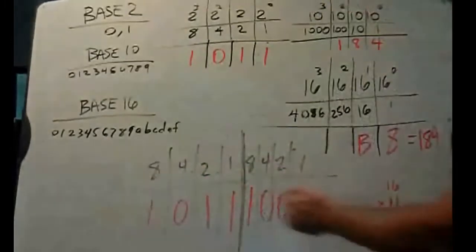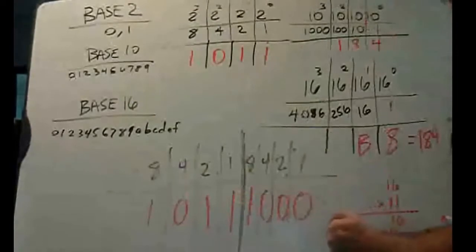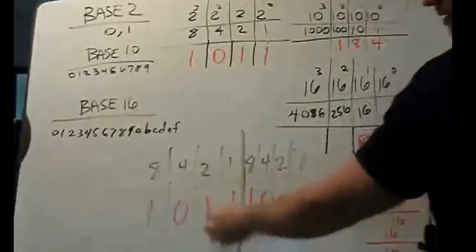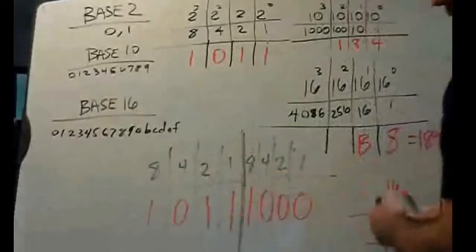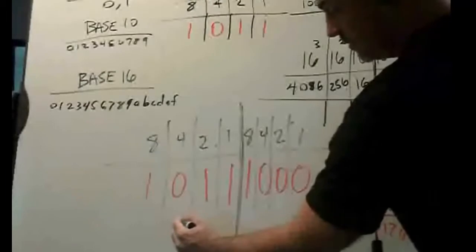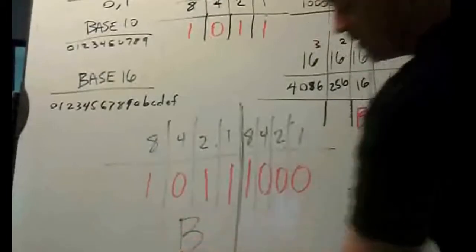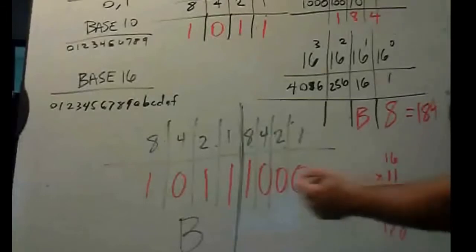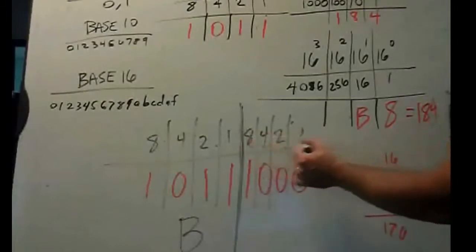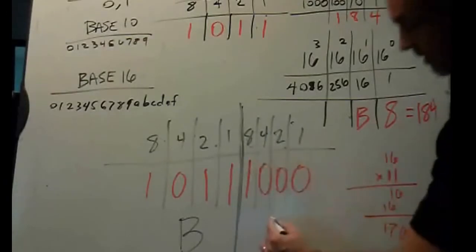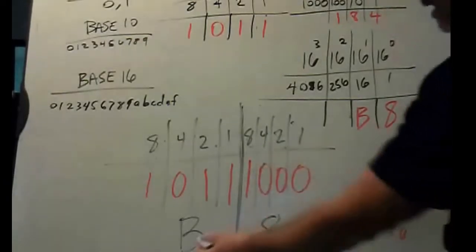In these 4 bits, an 8, a 2, and a 1 equals 11, and 11 in hexadecimal is a B. In these 4 bits, we've got an 8, no 4, no 2, no 1, so we just write an 8. And now we've got our B8.